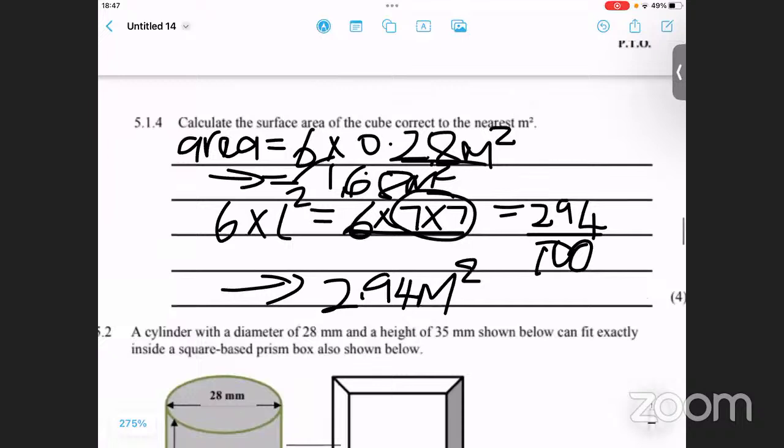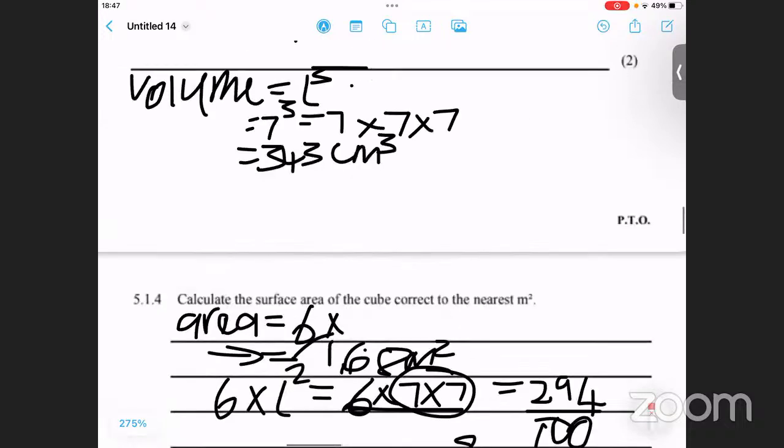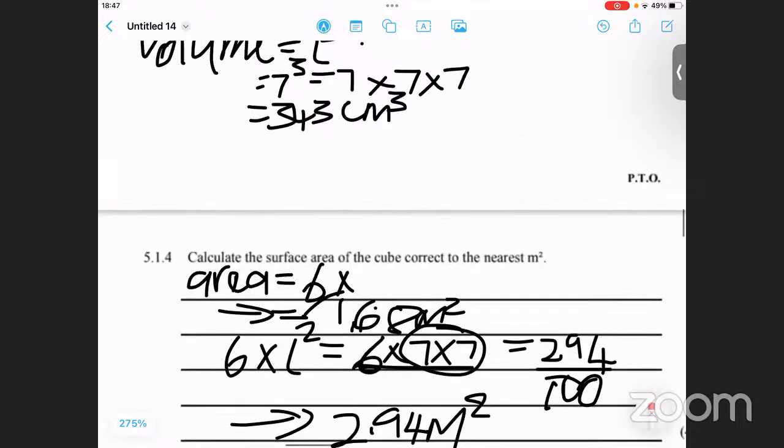So the mistake that I made, guys, is here. What we were supposed to do is convert the 7 centimeters to meters, because that was the final answer.